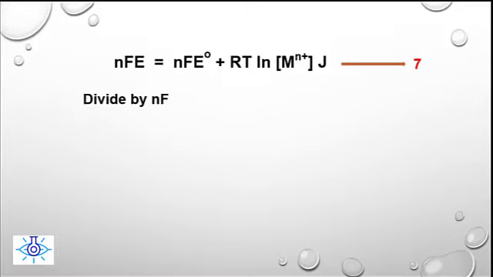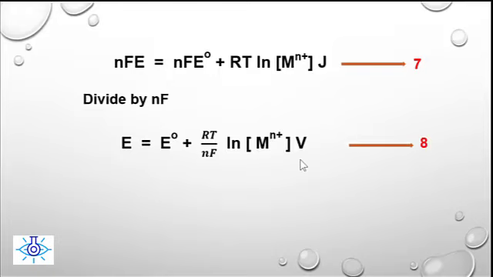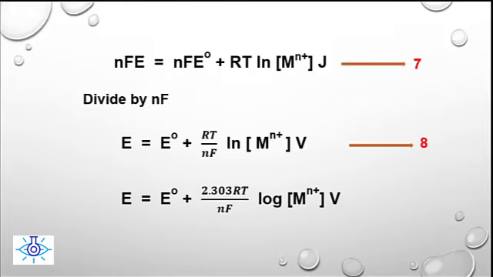When we divide, we get E = E0 + (RT/nF) ln [M^n+]. When the natural logarithm is converted to logarithm to the base 10, we have to multiply by 2.303. So the equation becomes E = E0 + (2.303 RT/nF) log [M^n+] volt.